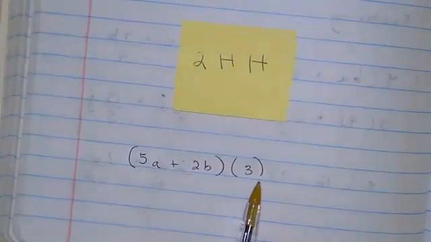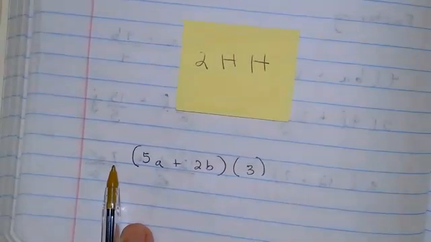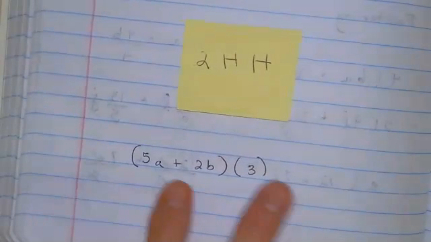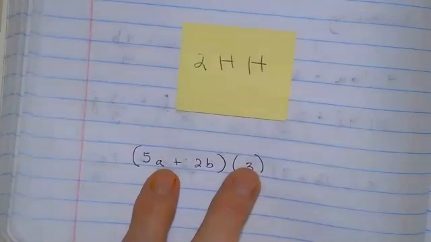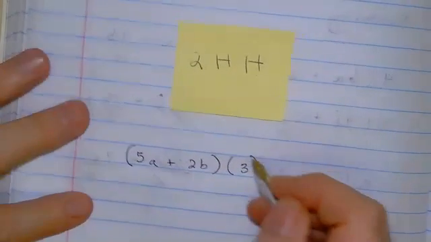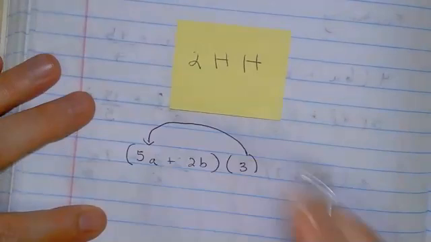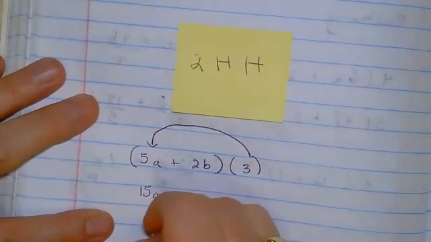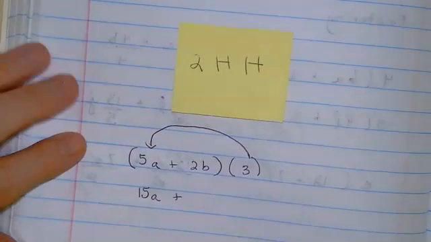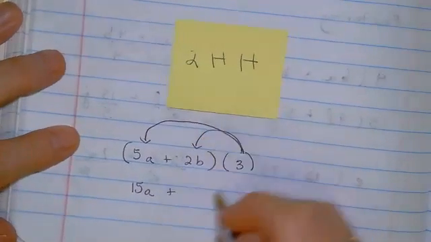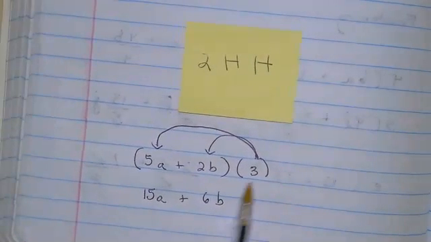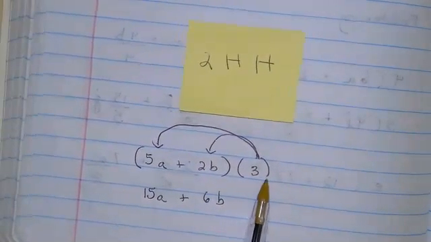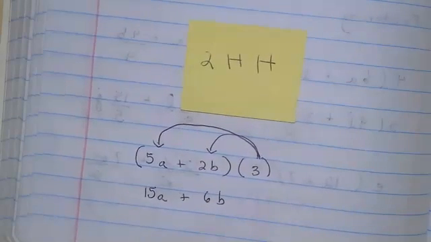Where they put the 3 in back of the parentheses instead of in the front. Now remember, the commutative property says you can switch the order around, right? So you're going to solve it just like you would. Otherwise, you're going to go 3 times 5 times A, then bring down the plus sign, and then 3 times 2 times B. So you solve it the same way. So don't let them try and trick your brain when they pull that stunt, okay?